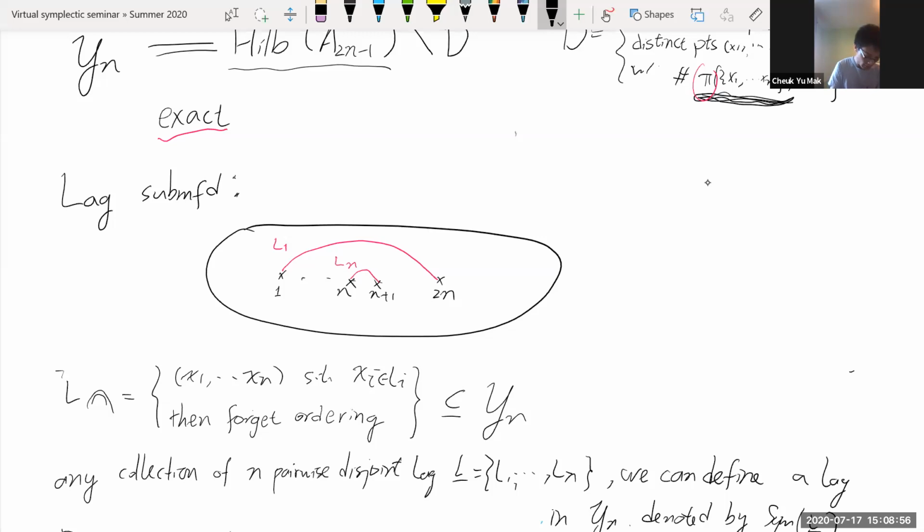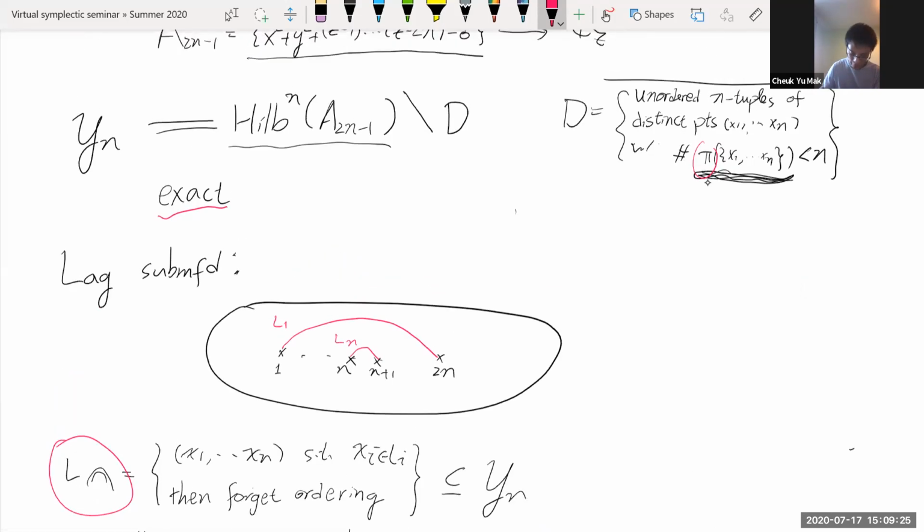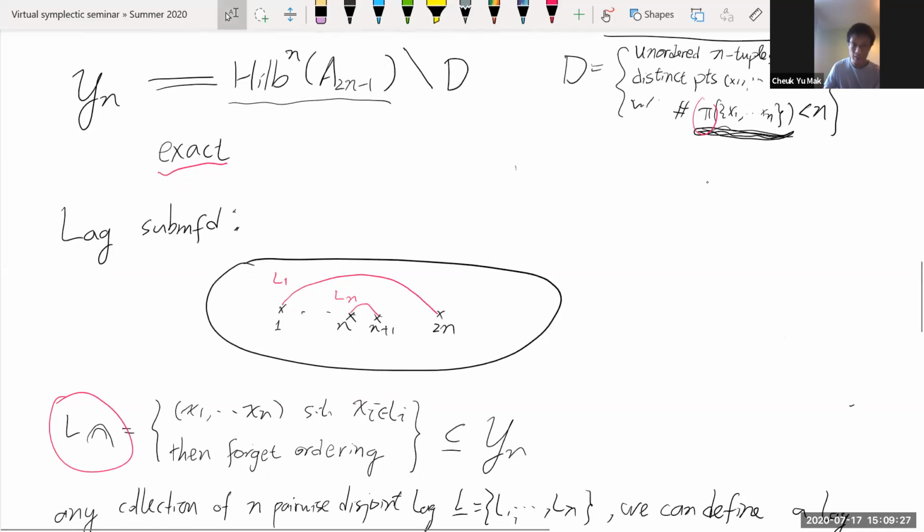The distinguished Lagrangian consists of the n-tuples x1 up to xn such that xi belongs to Li, so it is the product, and then you forget the ordering. I claim that it lies inside Yn, away from the divisor D. If you trace back the definition, you can see that it lies inside Yn.